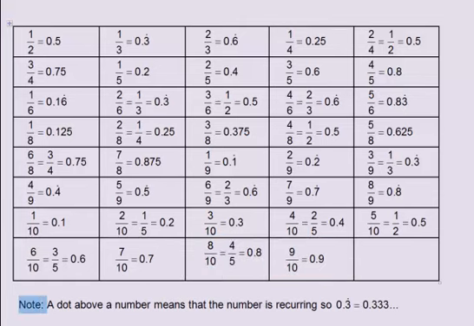Note: a dot above a number means that the number is recurring, so 0.3 with a dot above the 3 equals 0.333 and so on.